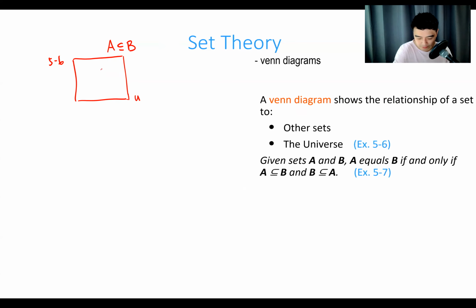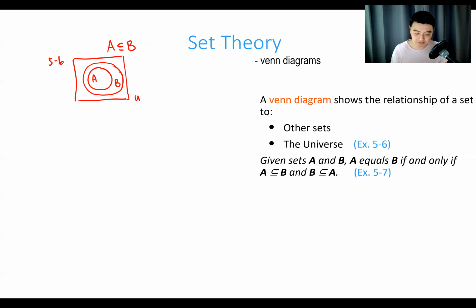For example, if A takes up this space, so every object in A is in that circle, then how do we draw the relationship that A is a subset of B? Well, it means every object in A is also in B, right? So that means that B must look something like this. Now notice that this just gives you a relationship.